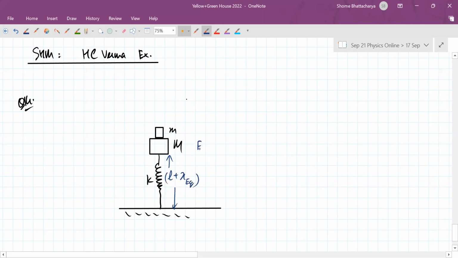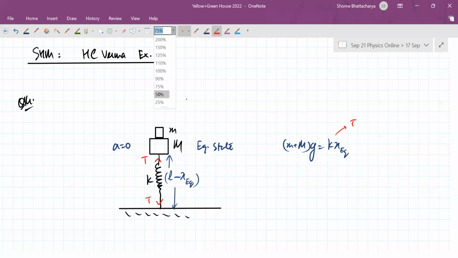The acceleration is 0. So you can easily understand that the combined weight will be equal to the spring force. This will be compressed, my mistake, will be extended, so that the spring force will be like this. This is the tension.